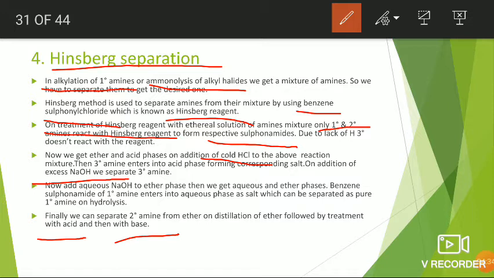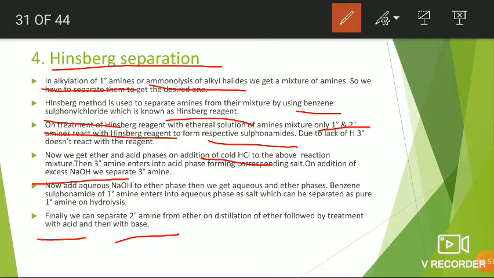On the other part, we have the aqueous base solution, which contains the salt of the primary amine sulfonamide.